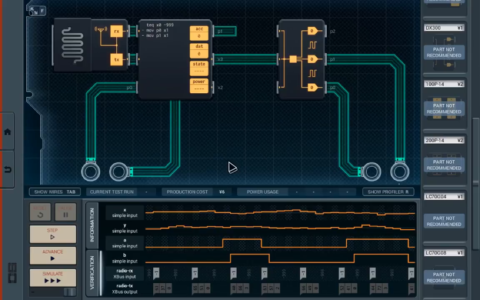So clearly we need to... Oh wait! We can afford to read the input as many times as we want from this guy. He'll provide it to us as often as we ask, and the values aren't changing. So that's interesting. Can we do anything with that?